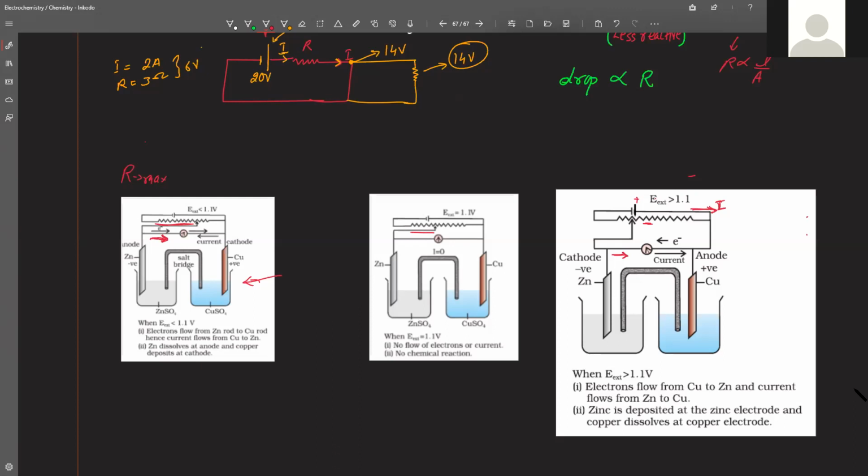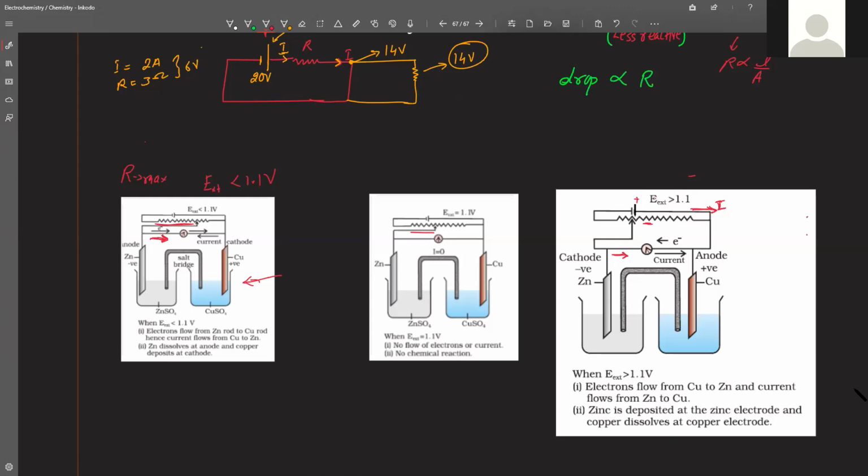Now what we observe here is this: when the external EMF is less than 1.1 volt, at that time we observe these things. We don't actually know the direction of the electron first. We actually know that current is flowing from zinc to copper.